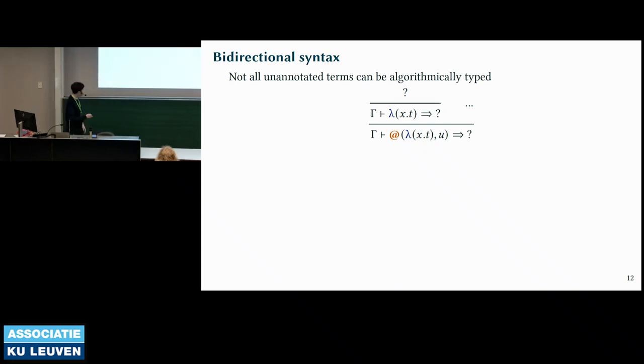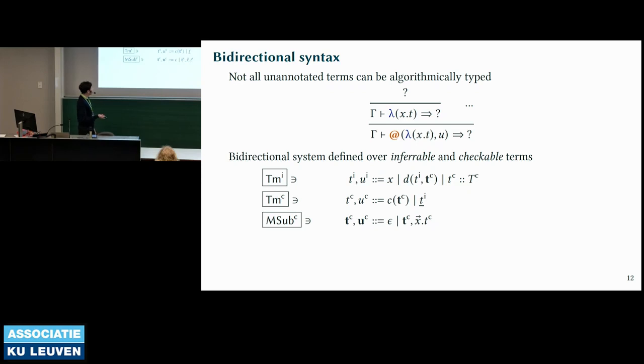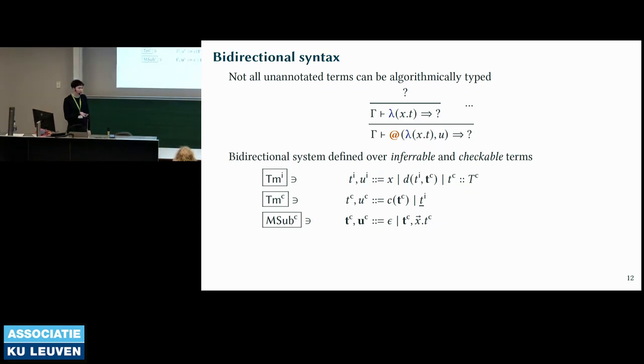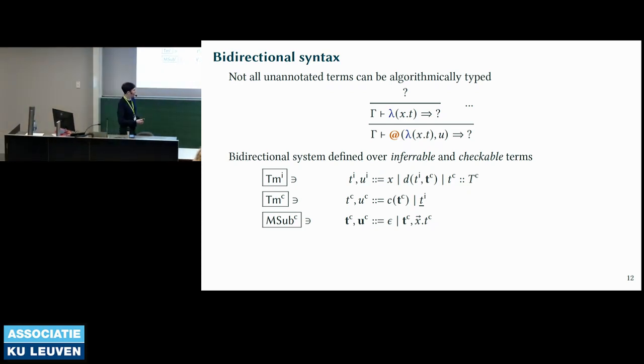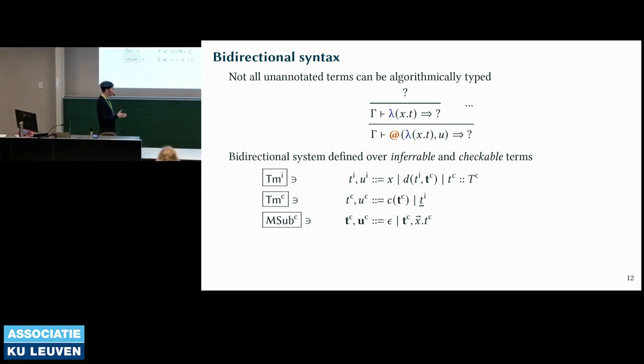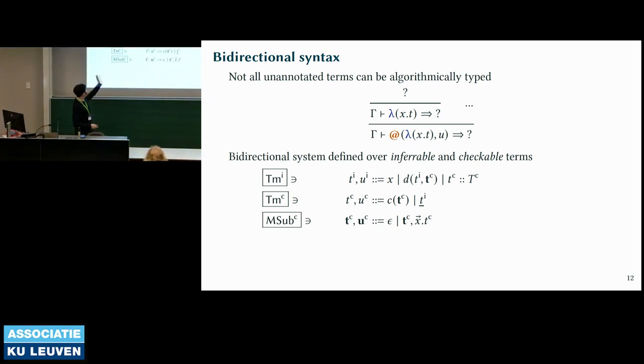What should you do? The idea is that you should not define the bidirectional system for the same syntax which you use in the declarative system, but instead you should define it for a syntax in which you separate between inferable and checkable terms.